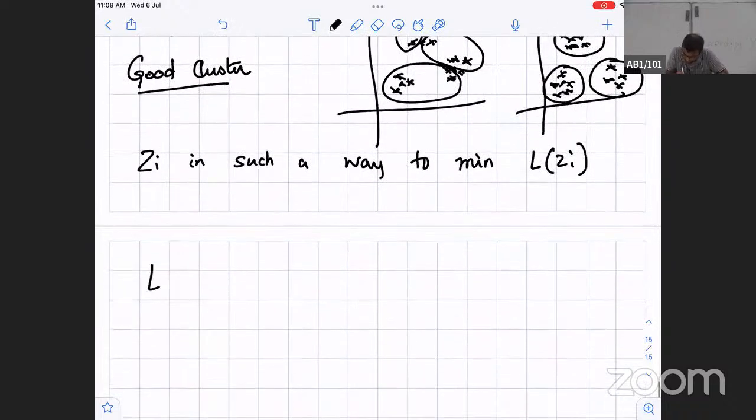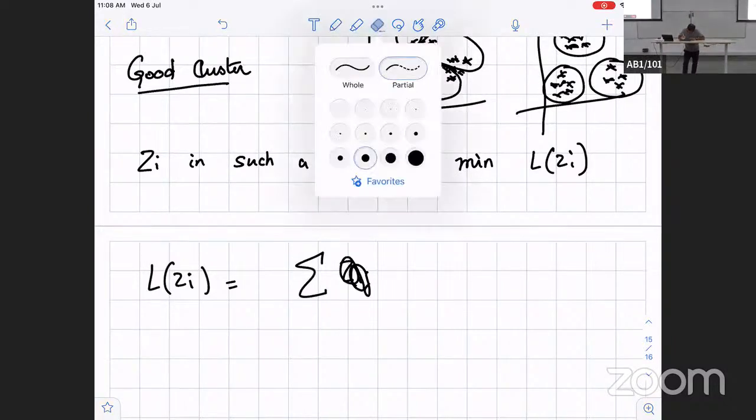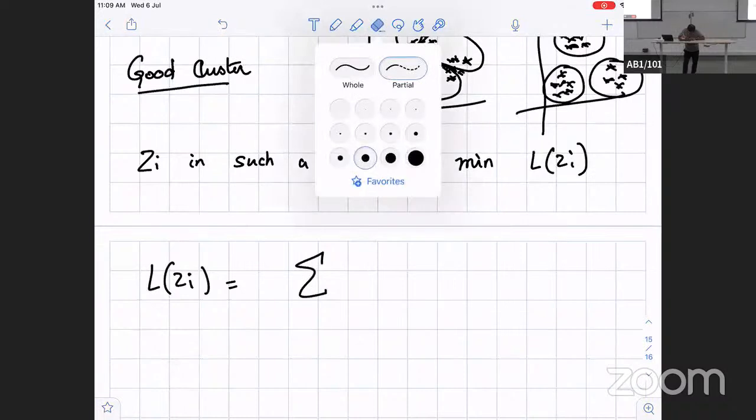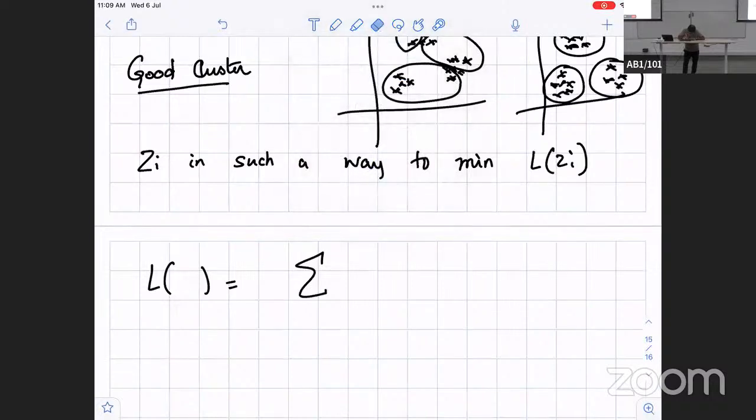Let me define what the loss is. L of Z is the sum over i equal to 1 to n for all the data samples, and j going from 1 to k for all the clusters.